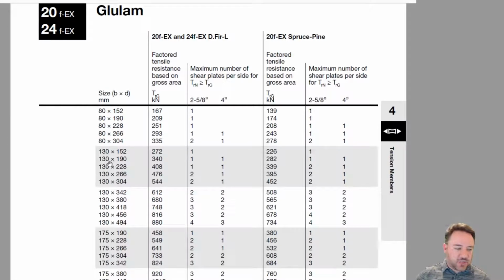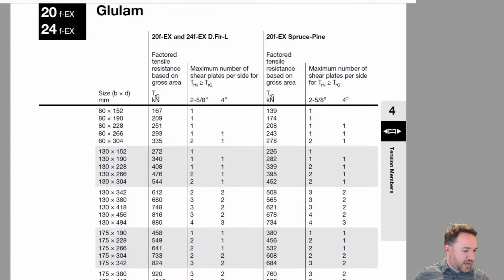Since it's a tension member, maybe it makes more sense to take the squarish one because it's going to look more compact, and I don't need the extra depth for bending. If I had a big connection that I need to design for this, which maybe I might, then maybe it would be a good idea to go with the deeper one. But anyway, so let's go with this one for now, 130 by 190.